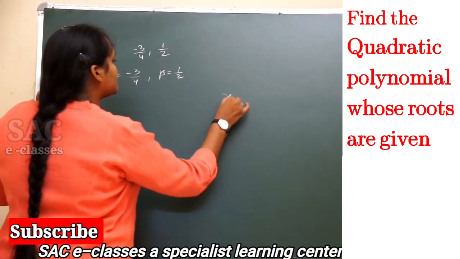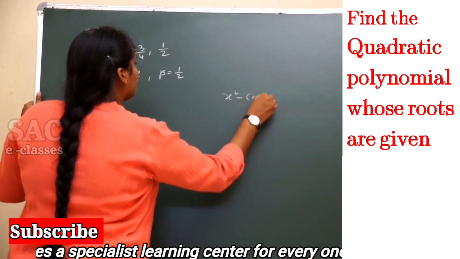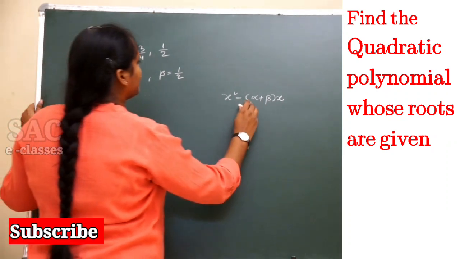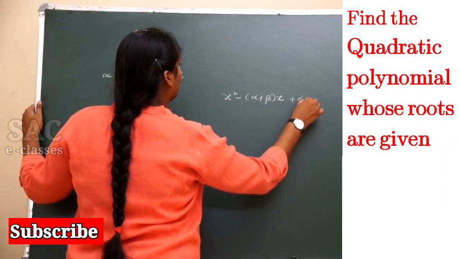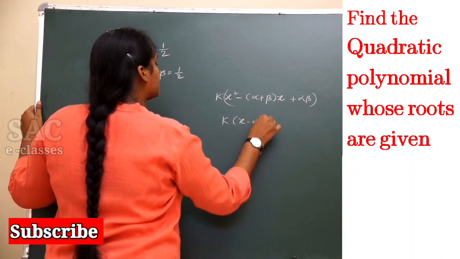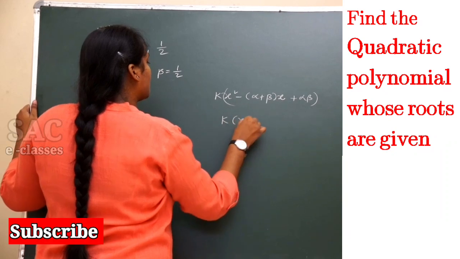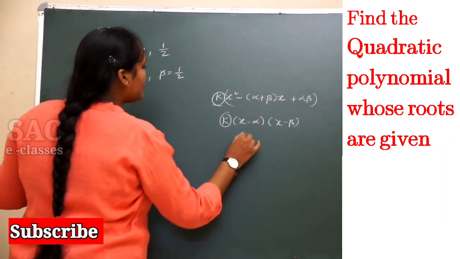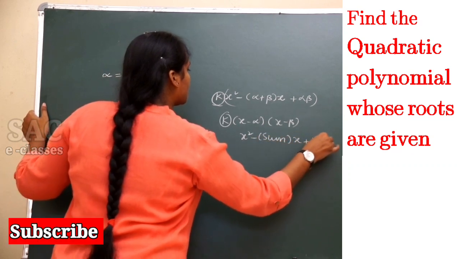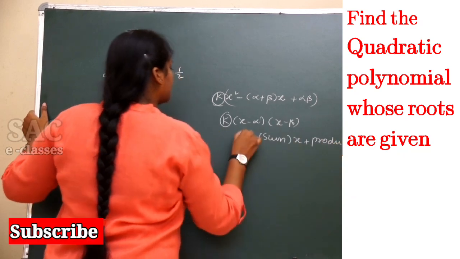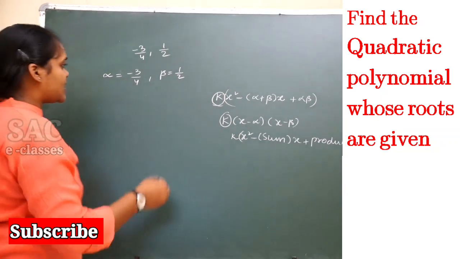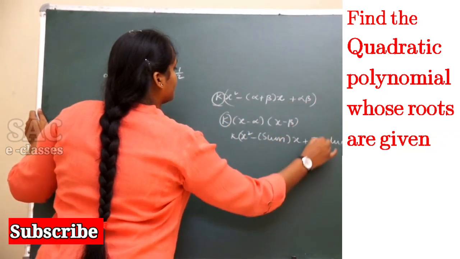In the beginning of this session we discussed that to find the quadratic polynomial, we have x square minus alpha plus beta into x plus alpha beta into k, or k into x minus alpha into x minus beta. Anyhow, we will ignore the k value. And x square minus sum into x plus product of the roots, into k. These are the 3 ways we have discussed. We said this is the easiest way.